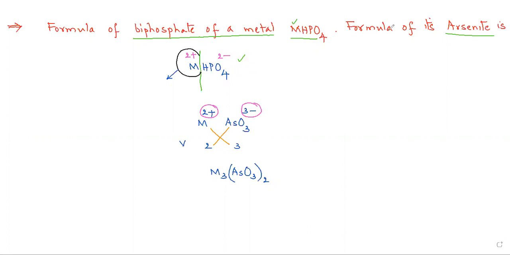Let me just give you one more. You know, the formula of oxalic acid is H2C2O4.